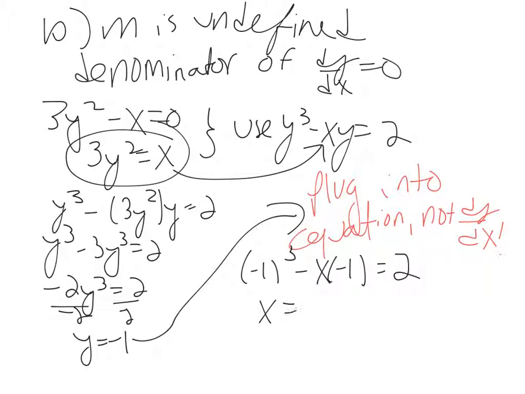So x ends up being 3. So that's kind of that crucial step in that process. So when you're reviewing differential equations, remember, they might ask you to find a point where the tangent line is horizontal or vertical or equal to a number. That's when you're going to have to substitute.